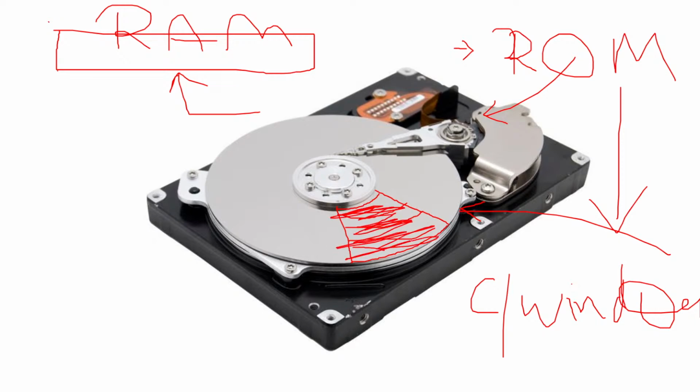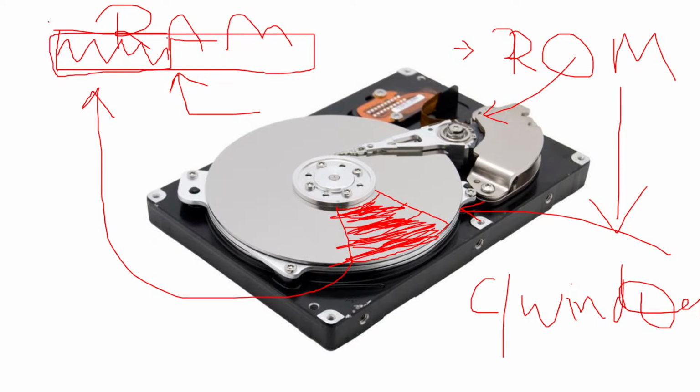These are the files which run your OS, your application, your software, right? When you start your computer, all the information from the ROM is copied to your RAM, and your RAM will load the data and run your application, run your software.